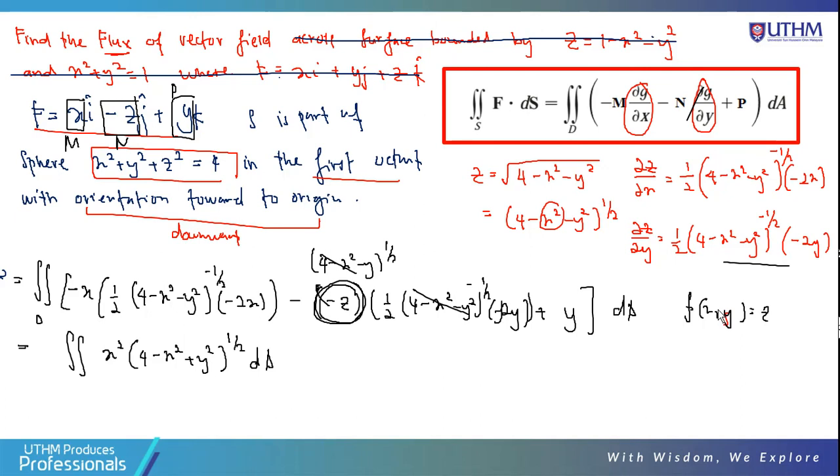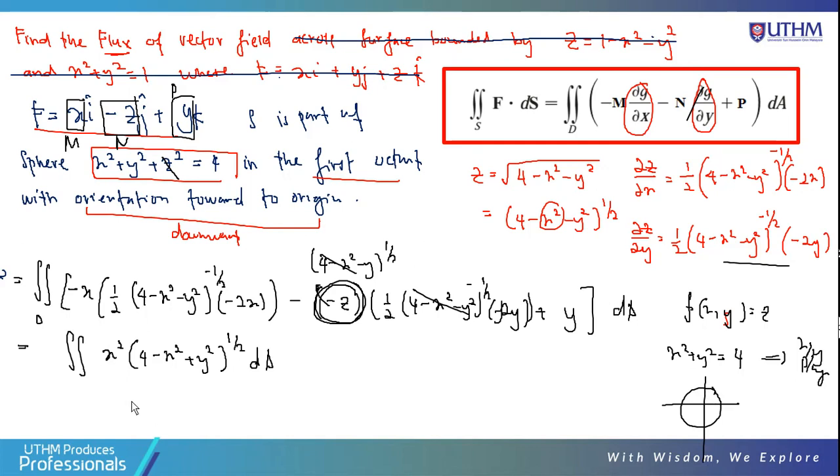So when you project in the xy plane, z equals zero. Z equals zero, so you will get x square plus y square equals 4 in the xy plane. Okay, so a circle with radius 2.